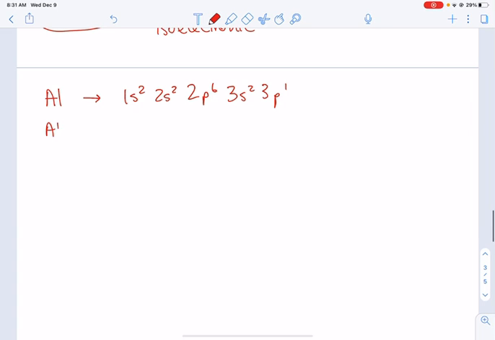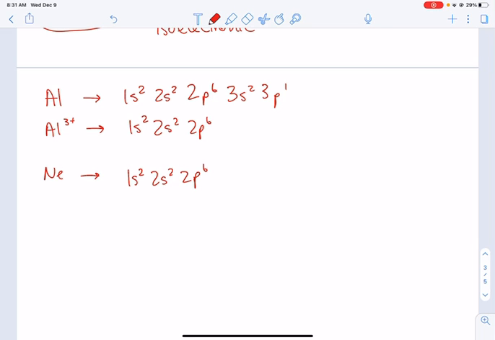So then aluminum 3 plus would be minus 3 electrons, so 1s2, 2s2, 2p6, and that's it. Okay? What is aluminum 3 plus isoelectronic to? You'll see if you look at the periodic table, if you count, it is isoelectronic to neon. 1s2, 2s2, 2p6 is the electron configuration for neon.